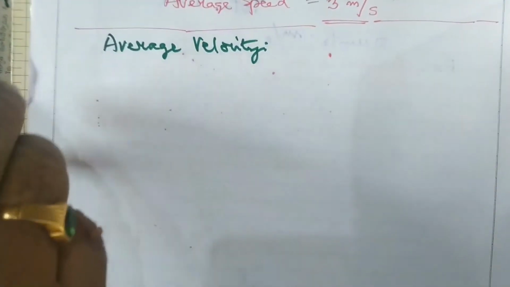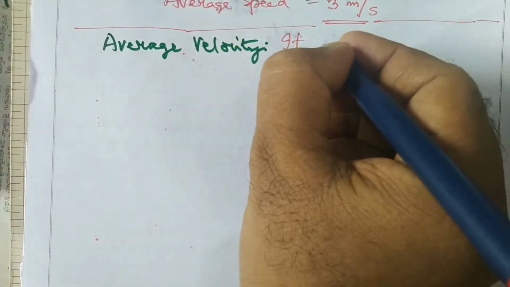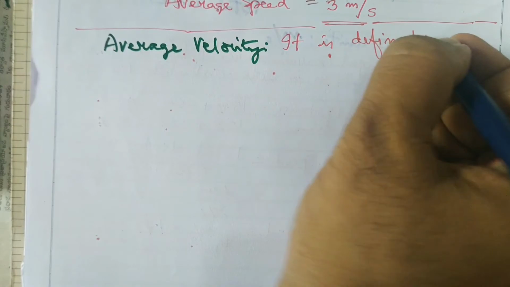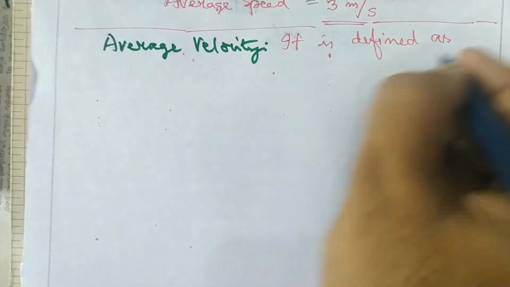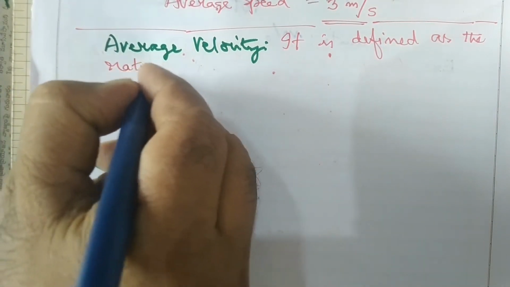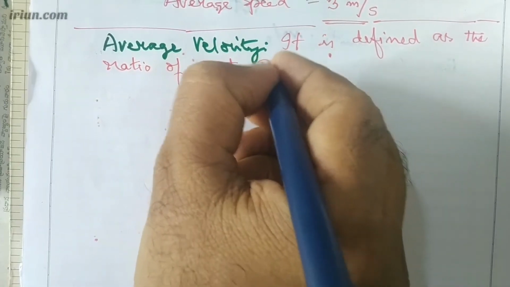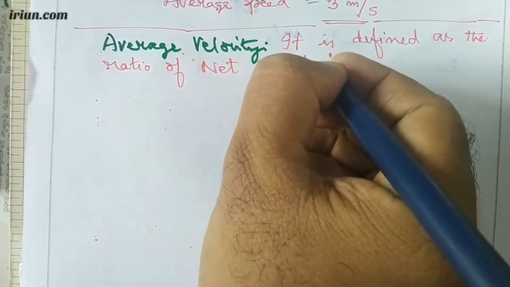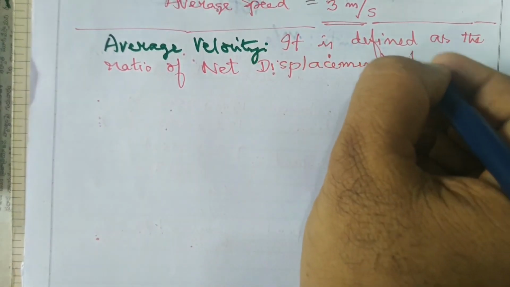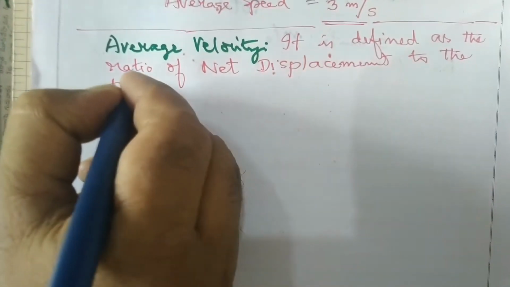The average velocity is defined as the ratio of net displacement to the total time taken.